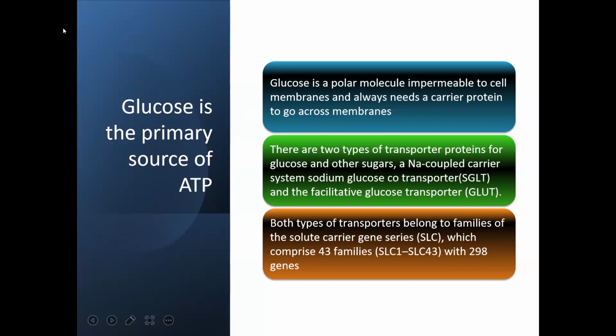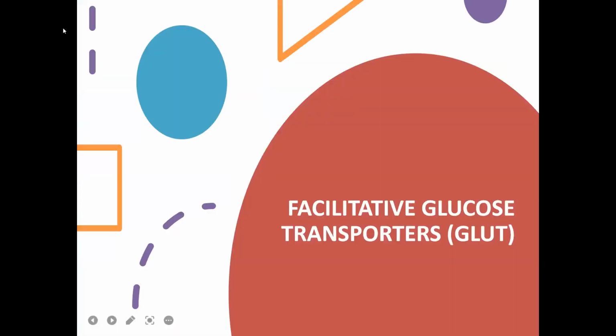One is a facilitative or non-energy dependent, and the other one is energy dependent, the sodium coupled carrier system of sodium glucose co-transporter. Both transporters belong to the families of solute carrier gene series. So there are 43 families with 298 genes.